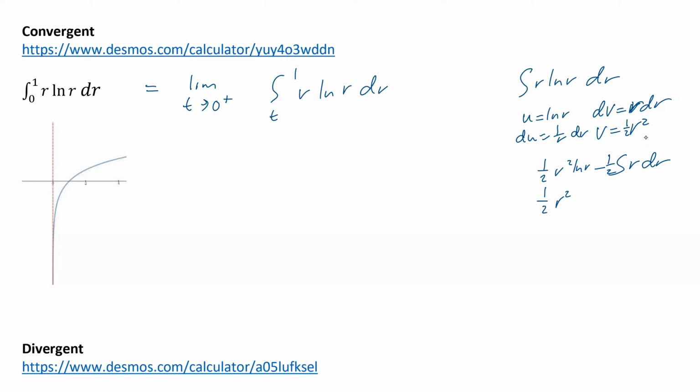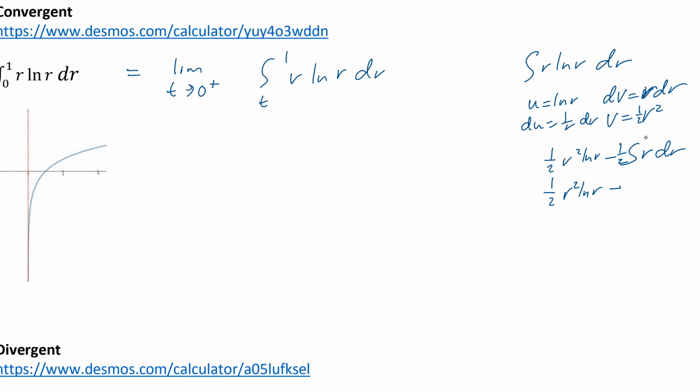So 1/2 r squared ln r minus, let's zoom in a little bit, 1/2 times 1/2 r squared. And so we end up with 1/2 r squared ln r minus 1/4 r squared. All right, so now we just have to finish it. So the limit as t approaches 0 plus, and now we can plug that in.